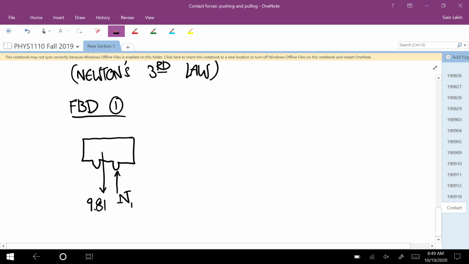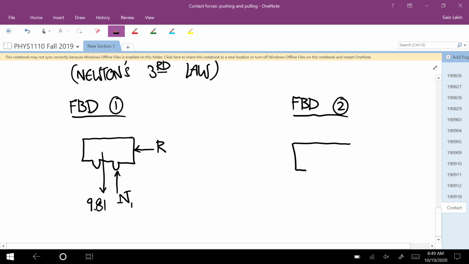We have the pushing force from the 2 kilogram cart that's this way. I could call it R1 again. I'm going to just call it R. And now I'm going to go to the free body diagram of the second cart, the 2 kilogram cart, and you'll see how this Newton's third law rule applies.